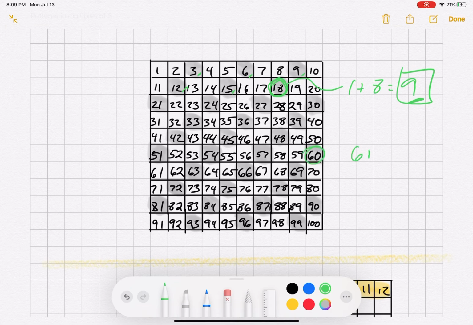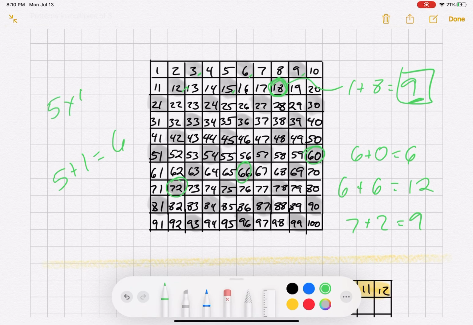So I have 6, plus 0 is 6. 3 times 2 is 6. I have 12. 1 plus 2 equals 3. 3 times 4 is 12. 72, 7 plus 2 equals 9, 3 times 3 is 9. 51, 5 plus 1 is 6, 3 times 2 is 6.